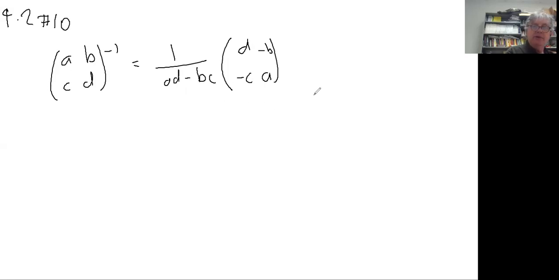The main point here is to show that both A times A inverse and A inverse times A are the identity. A lot of people only did one way. That was all pretty straightforward.